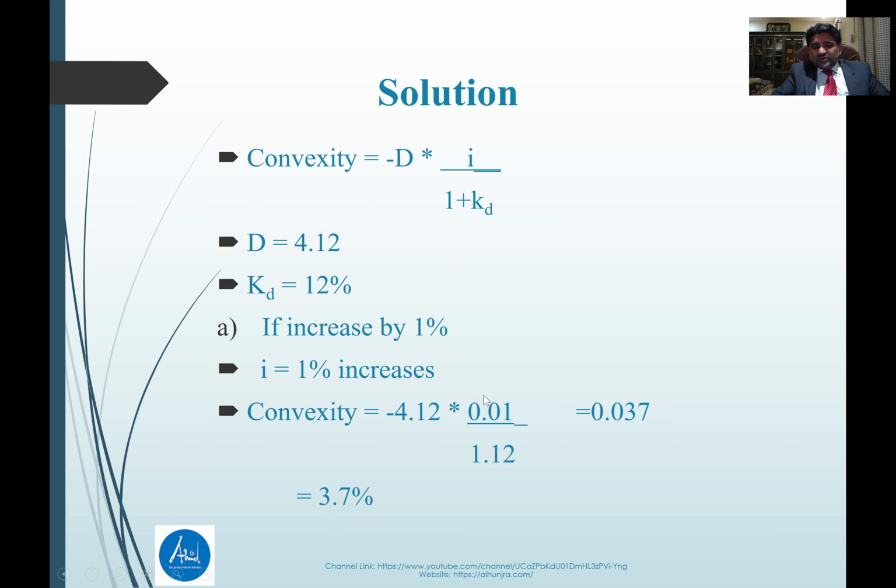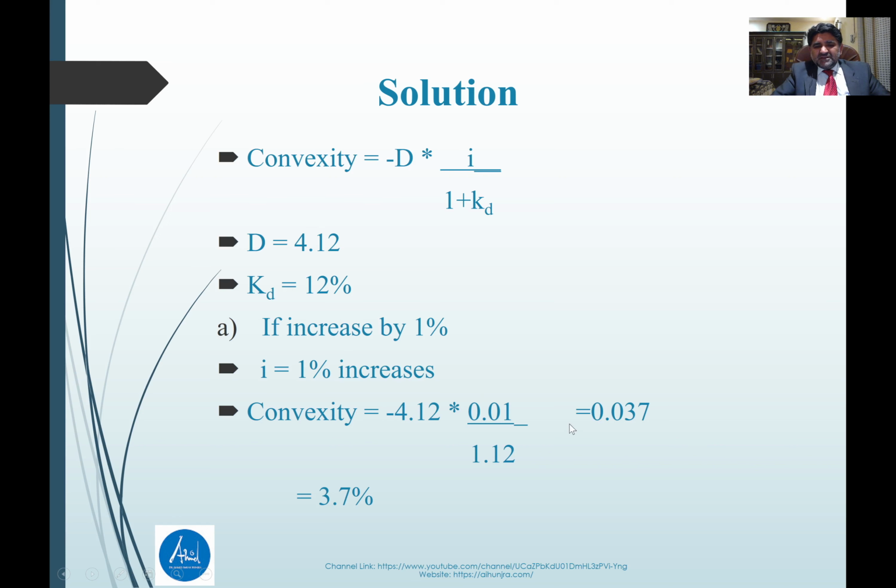So in this case, first we solve this part, then we multiply. Here it is minus, not plus. The answer is minus 0.037.